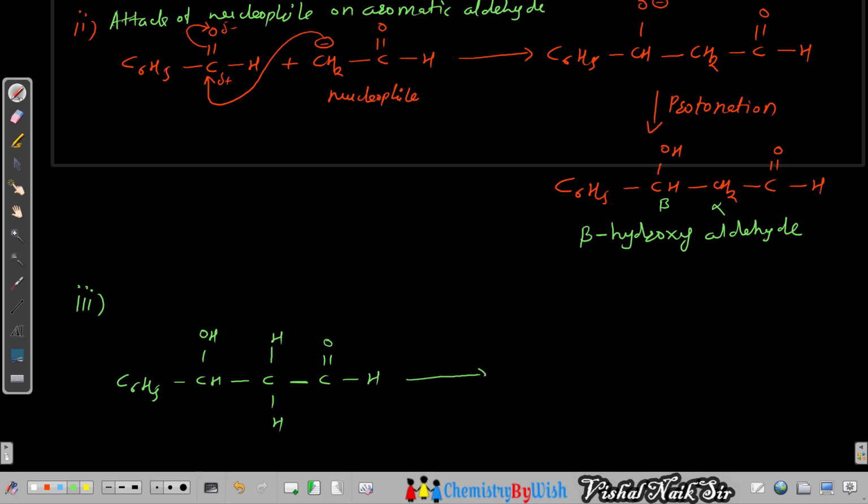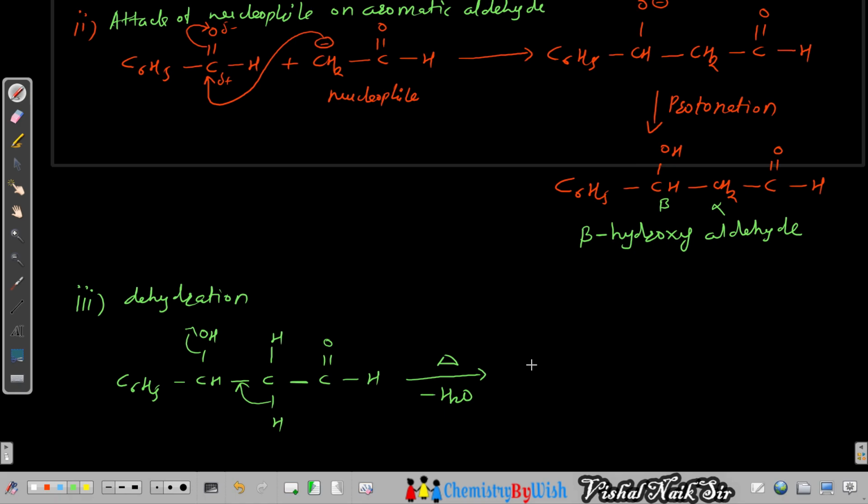On heating, or if we add base or acid in this reaction, a water molecule gets removed. This step is called dehydration. As we saw in aldol condensation, de means removal, hydration means water molecule. So in this step a water molecule gets removed and bond migration takes place.